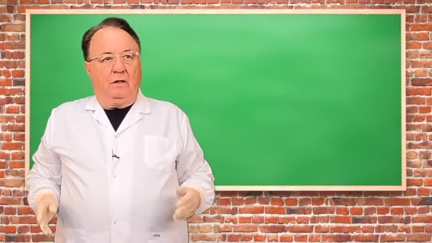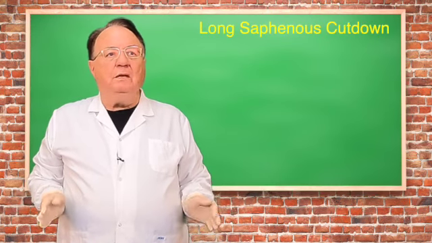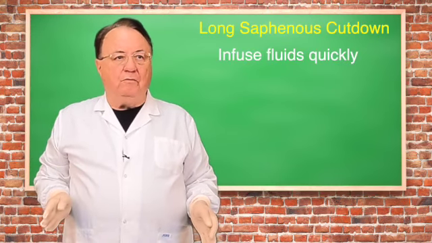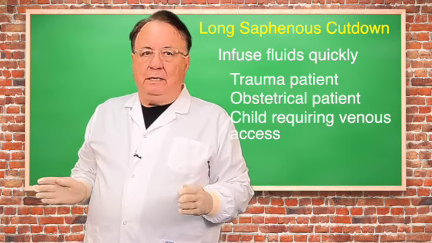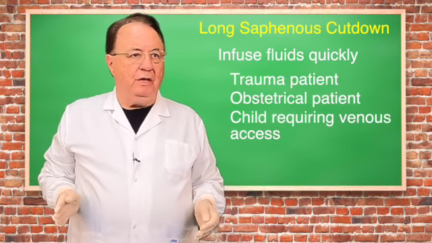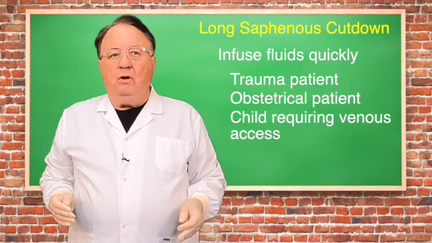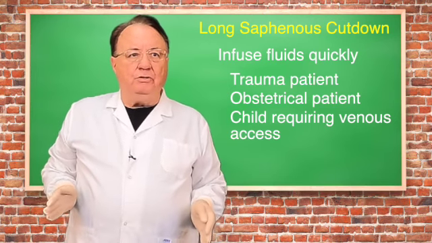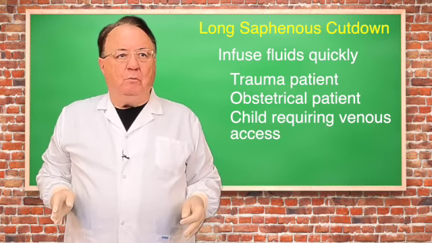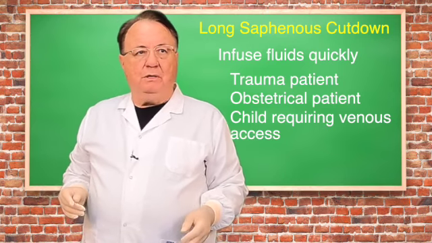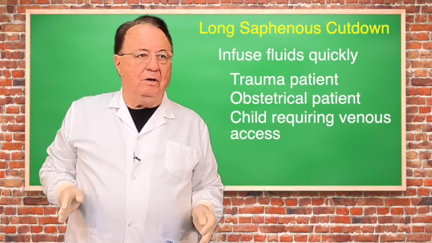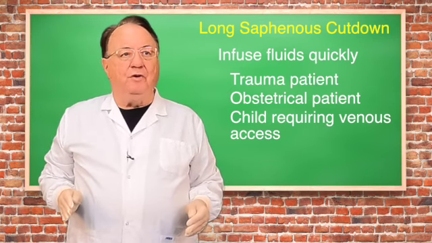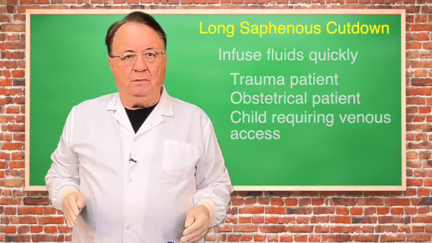So there you have a long saphenous cut down where you can infuse fluids quickly in the trauma patient, in the obstetrical patient with hemorrhagic shock, or in the child who needs venous access, perhaps for non-traumatic reason, but for dehydration and all their other vessels are flat, you will be able to find the long saphenous vein.